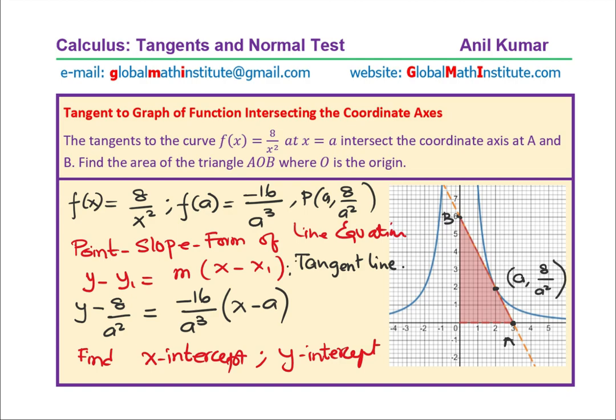So x-intercept is a point where y is equal to 0 and y-intercept is where x equals 0. Substitute the values here and then find points A and B, correct?